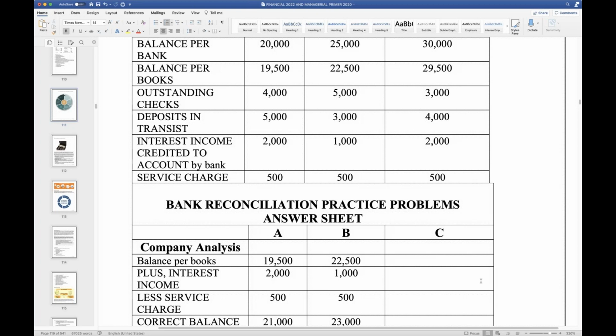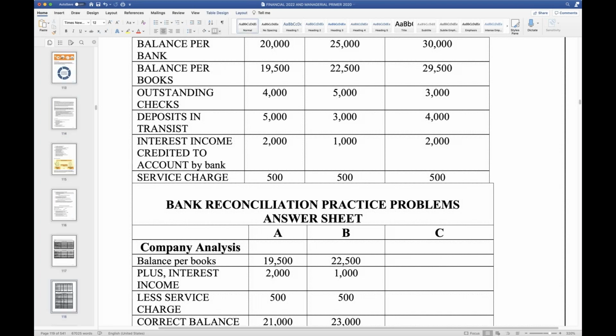If we're doing the company analysis, what's going to be the first item on this analysis? The balance per the books: 29,500. Then we're going to pick up items that are not on the books.